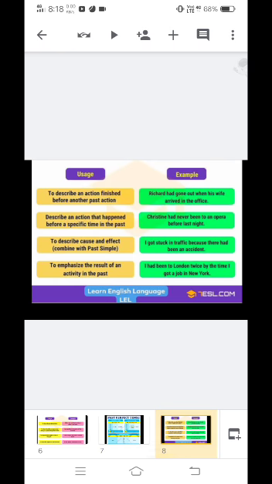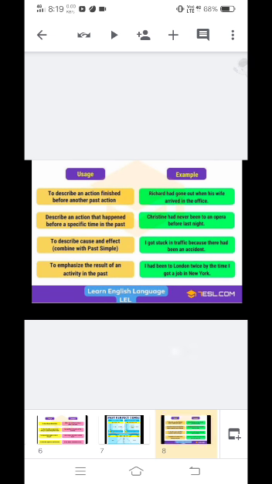This is used to describe an action finished before another past action, like Richard had gone out when his wife arrived in the office. To describe an action that happened before a specific time in the past, like Kristen had never been to an opera before last night.